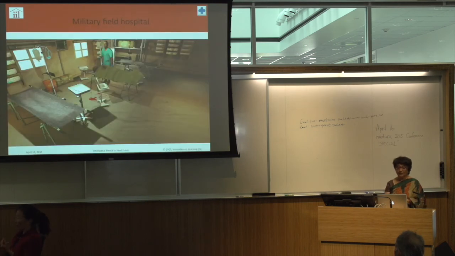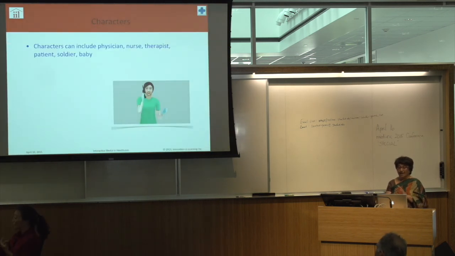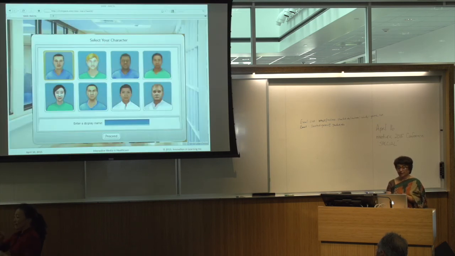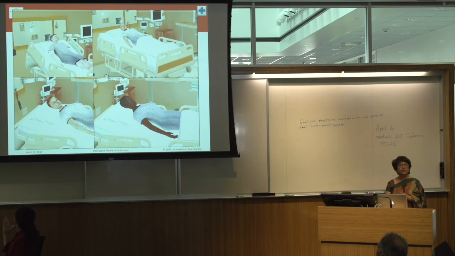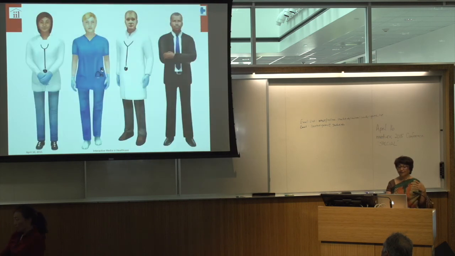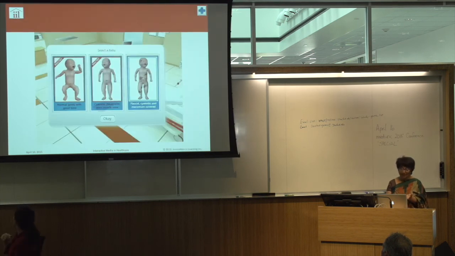You saw the military, and then you have to create characters. People in street clothes, patients of all different kinds, ages, ethnicities, genders, the physical trauma that might have happened, the different roles in the hospital, babies.